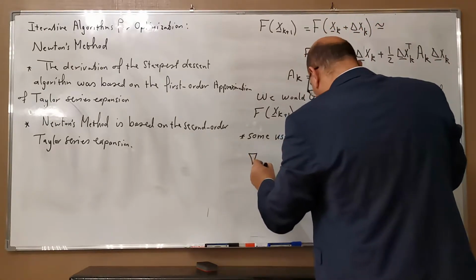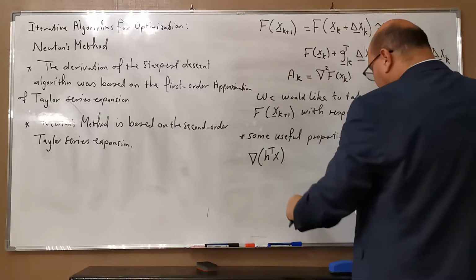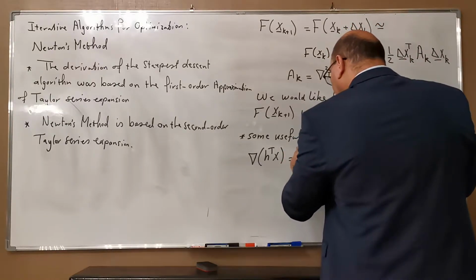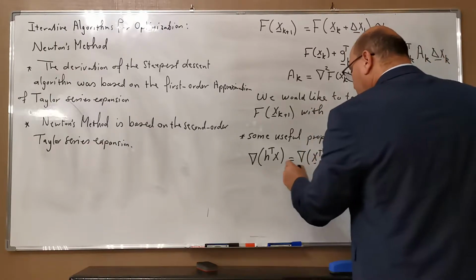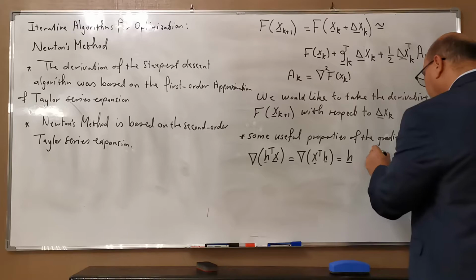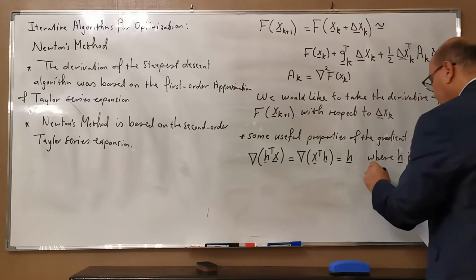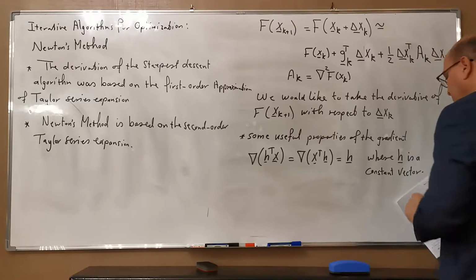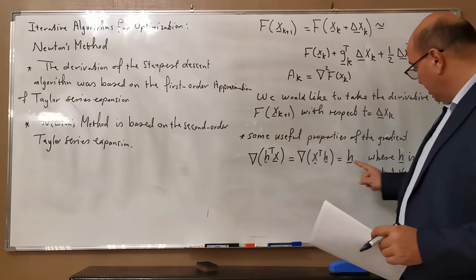If you take the gradient of an inner product between h and x, where h is a constant vector, this is also equal to the gradient of x transpose h, and this is equal to the h vector, where h is a constant vector.